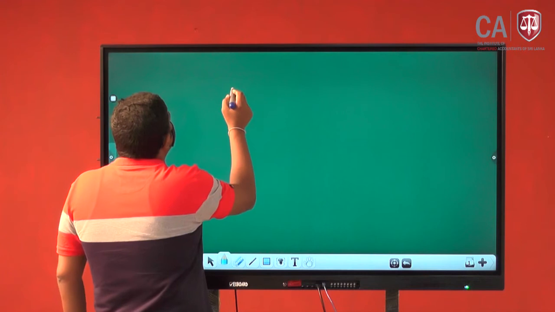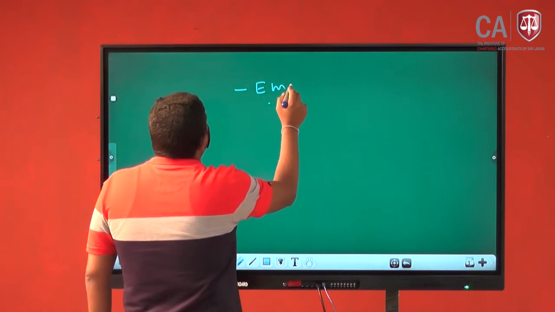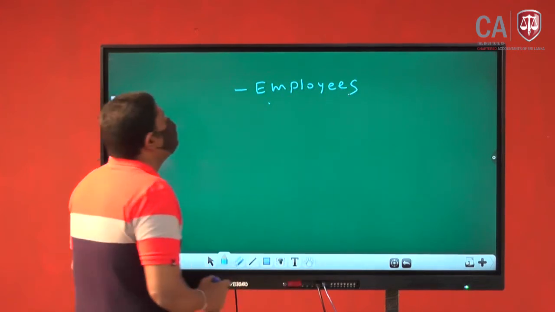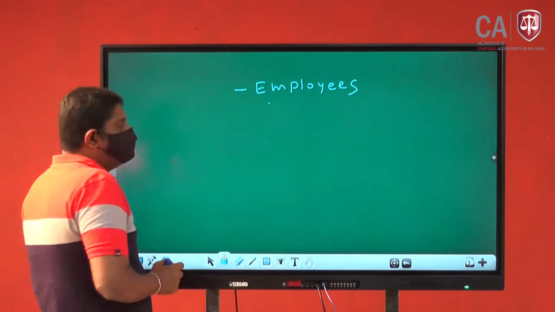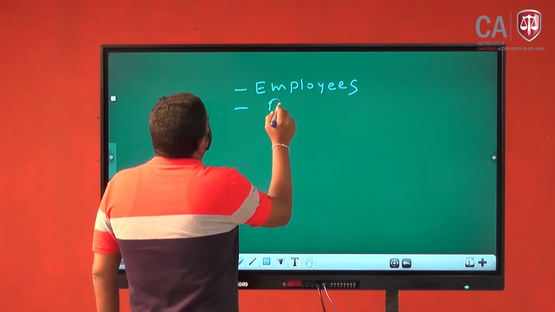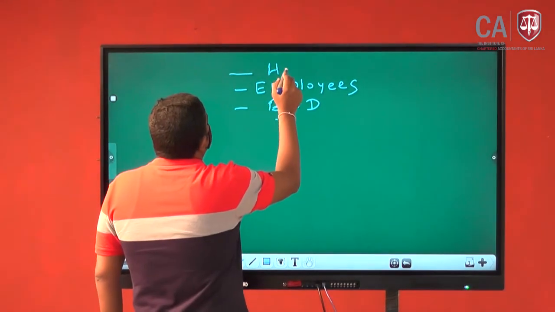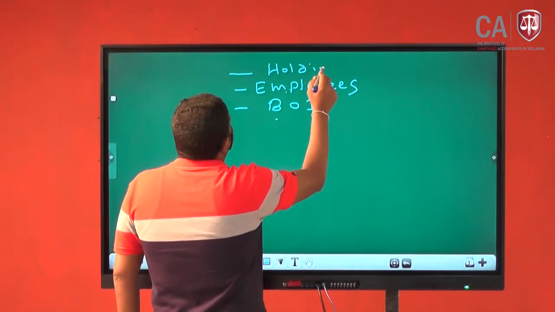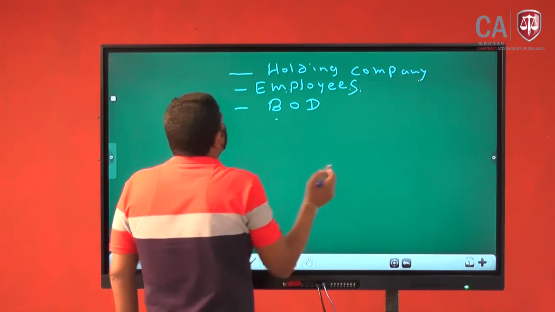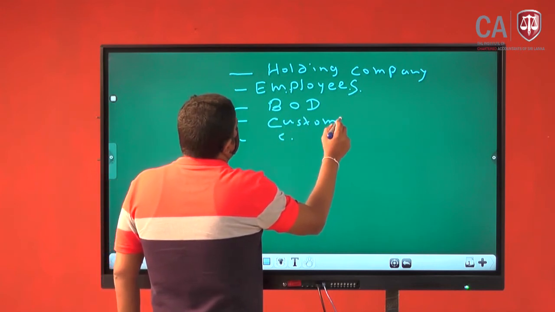Normal stakeholder groups like employees, then we identify board of directors, then we identify that holding company, then customers, meaning patients.